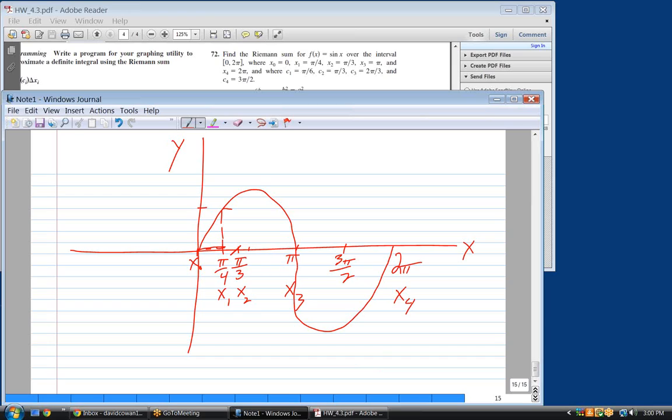So finding the Riemann sum, where c sub 1 is pi over 6, which is right there. Pi over 6, and that is c sub 1. C sub 2, same thing as x sub 2. C sub 3, 2 pi over 3, right about there.